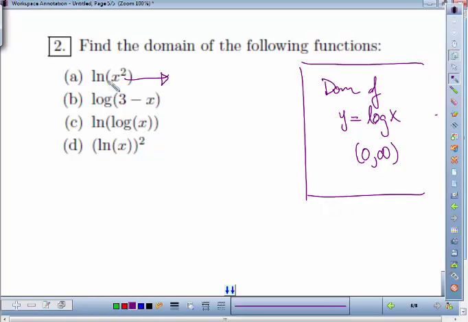So what kind of x values can we put in here? Is it okay to put anything? Yes, except 0. So this would be all real numbers except 0.